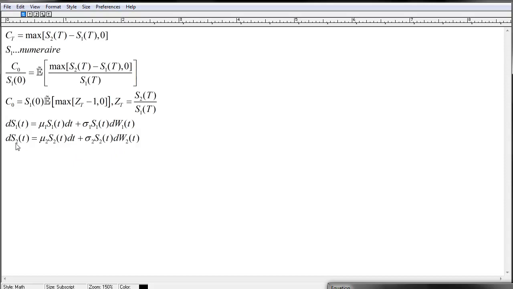Usually the stocks or the motions of the stocks are correlated. Okay, they are not independent. So I assume that there is some correlation rho between those two Brownian motions.